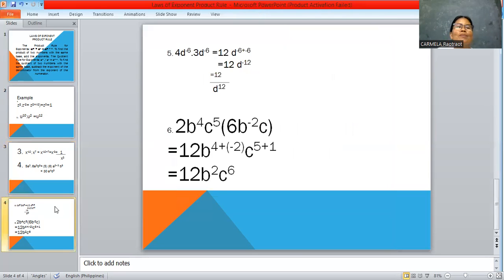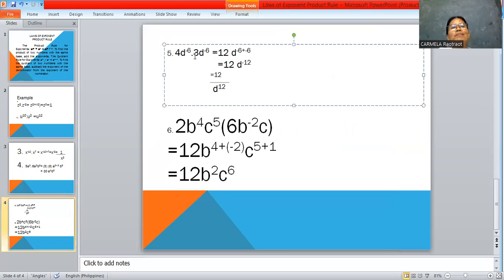Okay. So let's have another example. 4d raised to the power of negative 6 times 3d raised to the power of negative 6. Okay. So 4 times 3, that is 12. And the d. Okay. d is negative 6 plus negative 6. So what you're going to do?